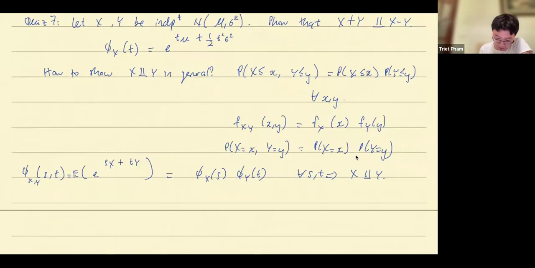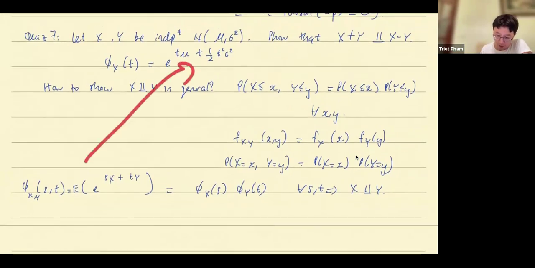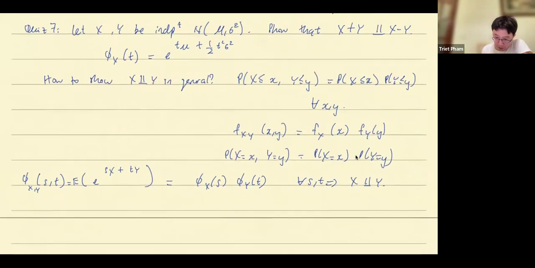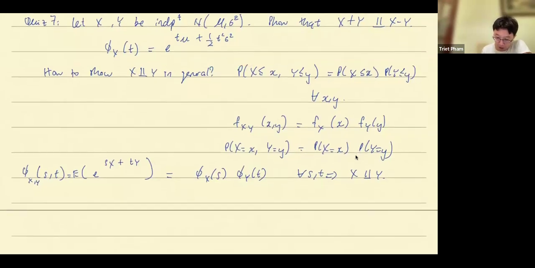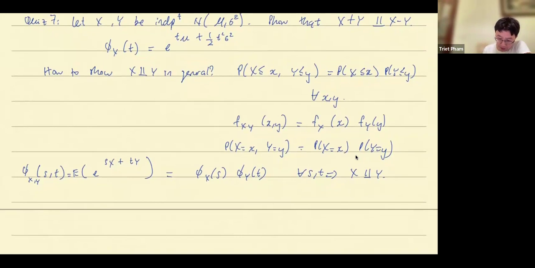All right, so applying this result to this problem, first of all, we see that from the moment generating function of an individual normal like this, we know, for example, and by the way, let's do this.